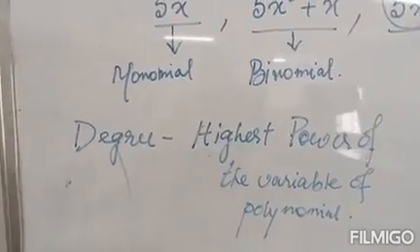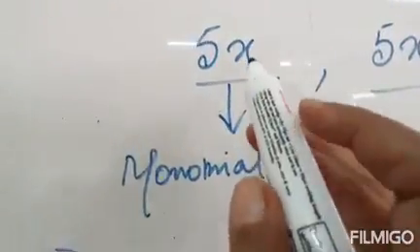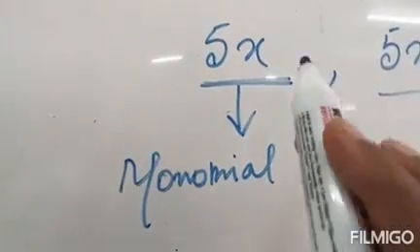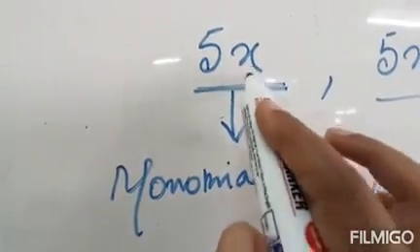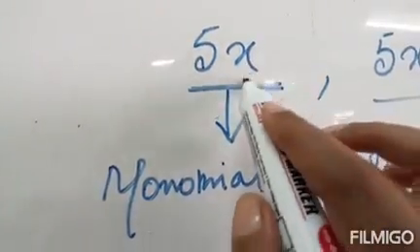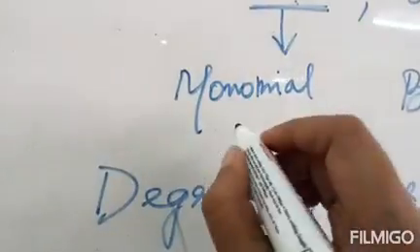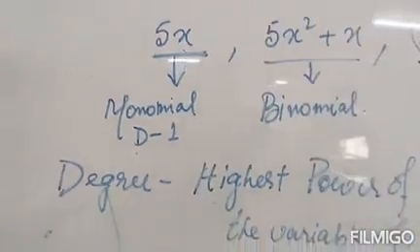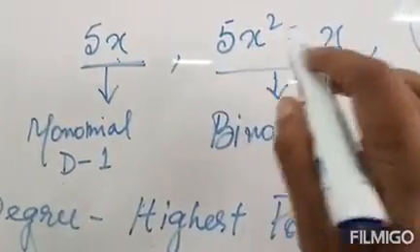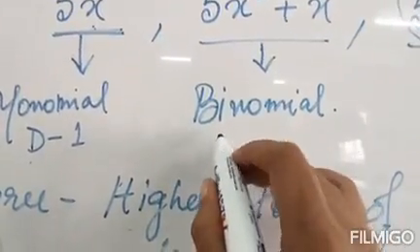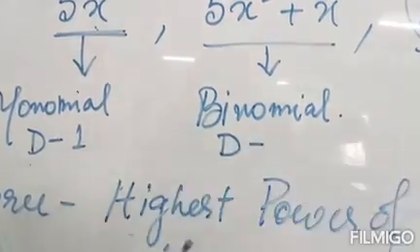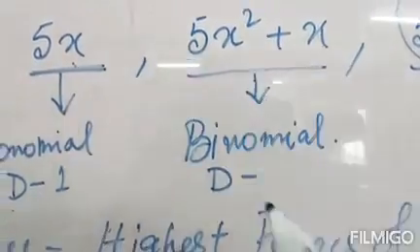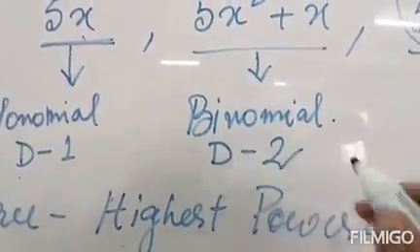How is it? Let's see. Now see, in this term, what is the highest power of the variable? What is the variable over here? Here it is only x. And what is the highest power? It is 1. So this will be degree 1. Similarly in this there are 2 terms, and what is the highest power of x? It is 2. So degree is 2.